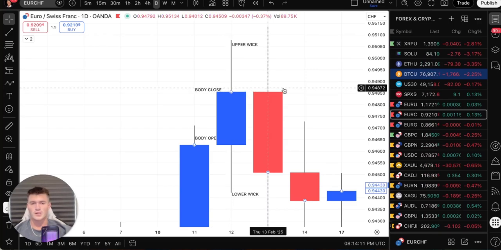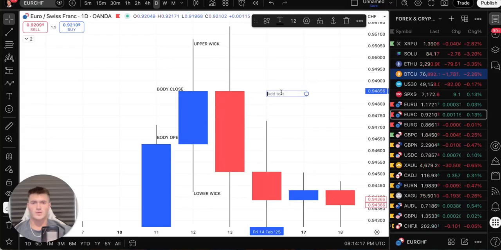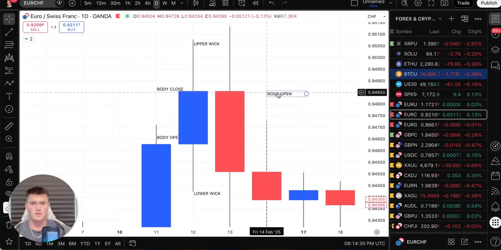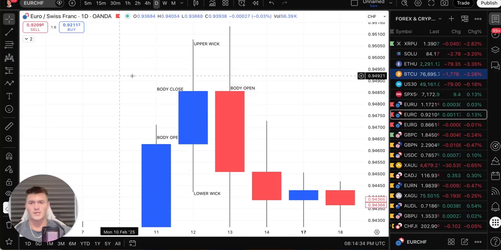As you can see over here on our bearish candlestick, instead of this closing, this is where the next daily candlestick opened. So we have our body open, and then down here we're going to have our body close.